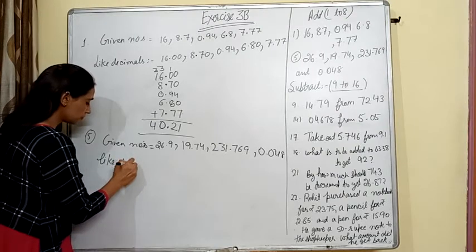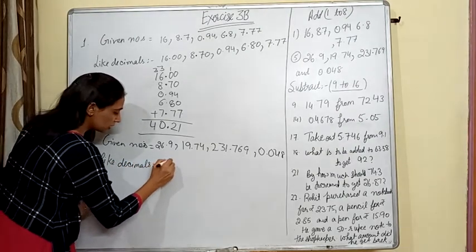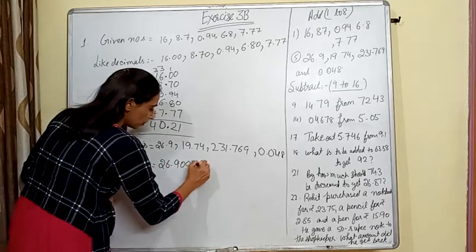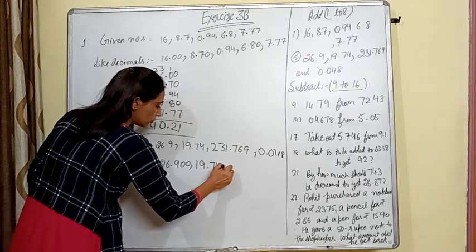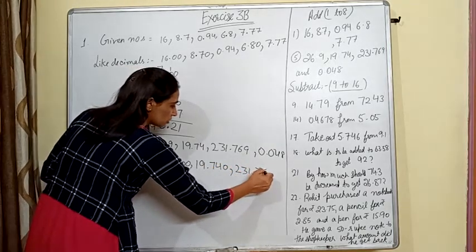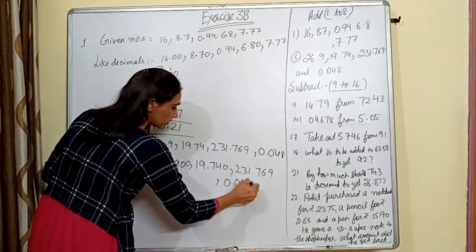Like decimals, what will it be? 26.900, 19.740, 231.769, 0.048.